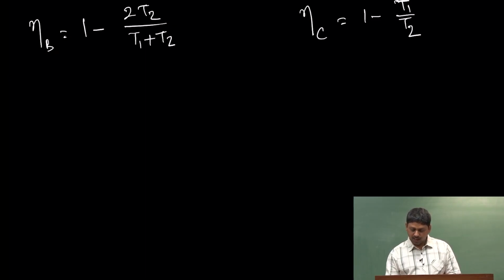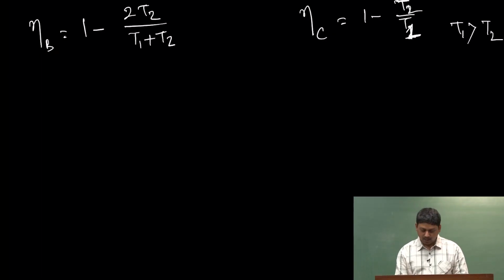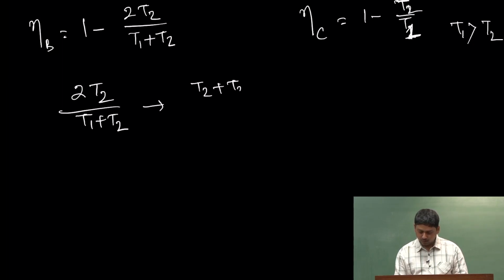Now, the difference is that I am adding... it should be T2 by T1 because T1 is larger than T2. We can do some analysis here. Let's analyze this quantity, 2 T2 by T1 plus T2. This comes from T2 plus T2 by T1 plus T2.